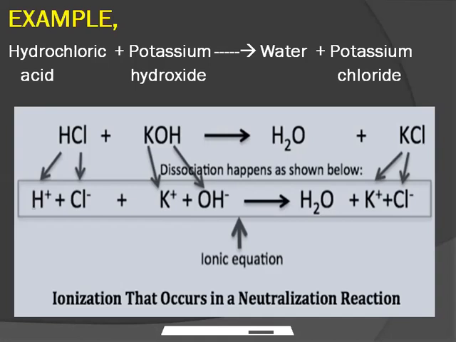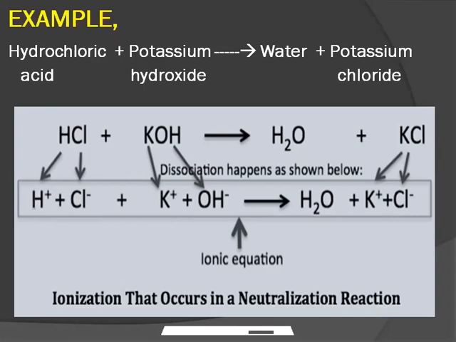Because of exchange of ions, we will have the potassium ion combining with chloride ion forming the salt potassium chloride, and hydrogen ion combining with hydroxide ion forming water.